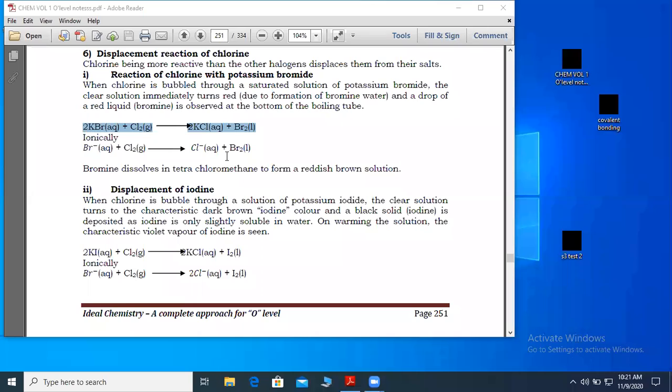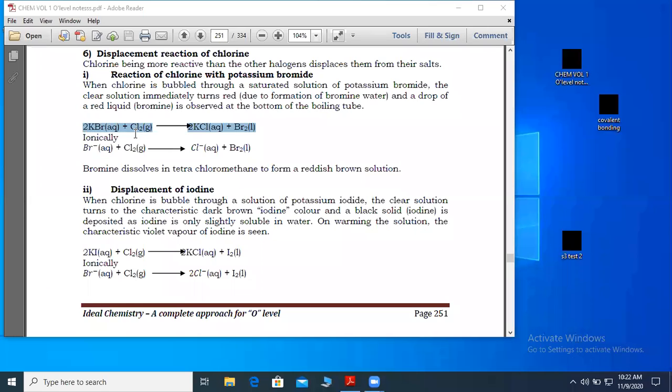Now, Dylan, I said we have two ways of saying this. If you have said chlorine is more reactive than bromine, then chlorine displaces bromine. Are you getting that? You can also say chlorine is a stronger oxidizing agent than bromine.